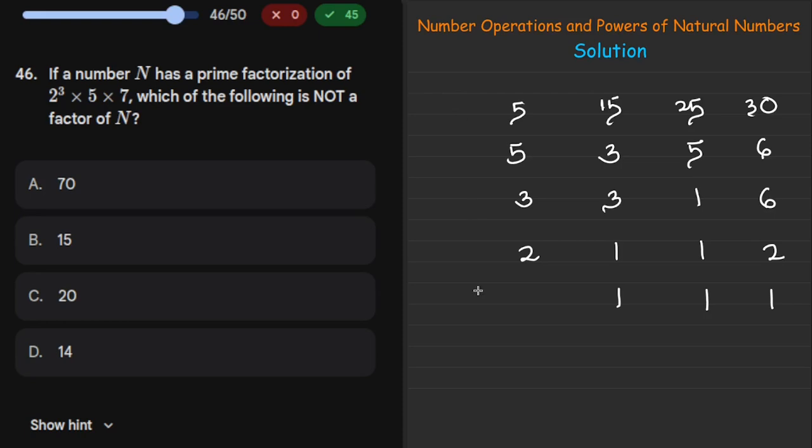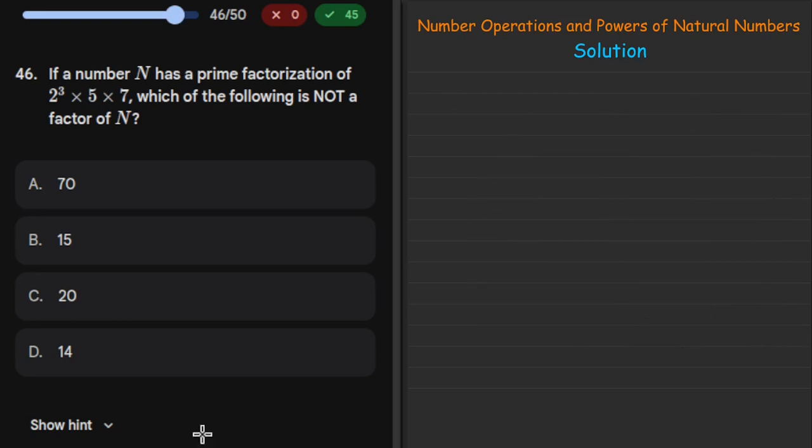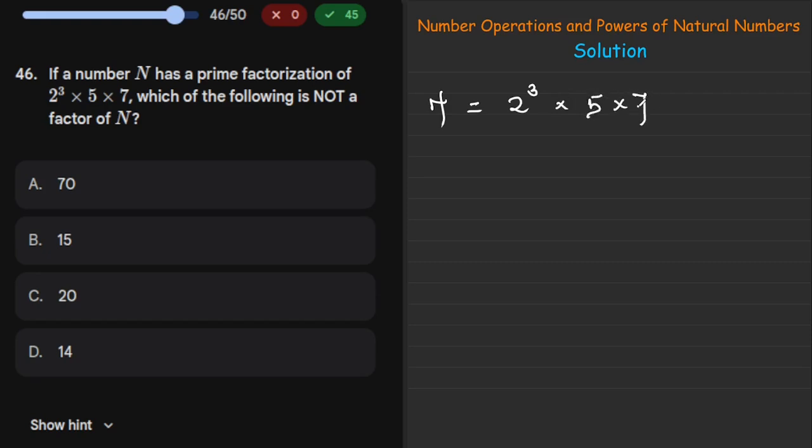Question number 46. It says, if the number n has a prime factorization of 2 raised to the power 7 times 5 times 7, which of the following is not a factor of n? So how do we solve this? The number n is what? 2 to the power 3, then times 5, and then times 7.